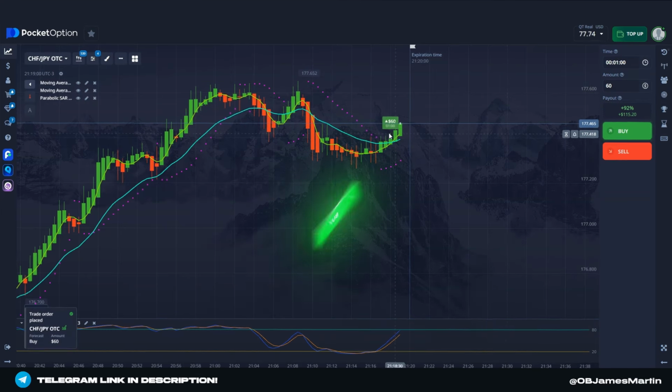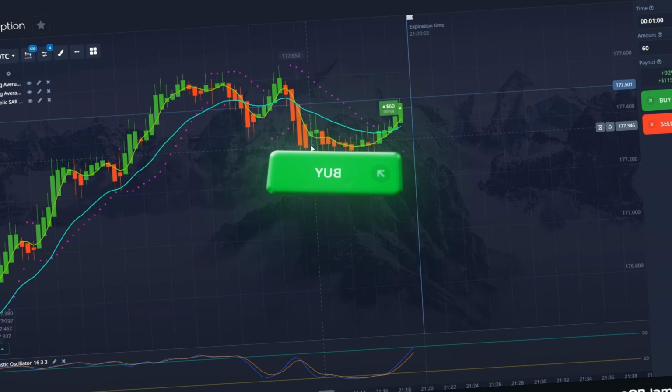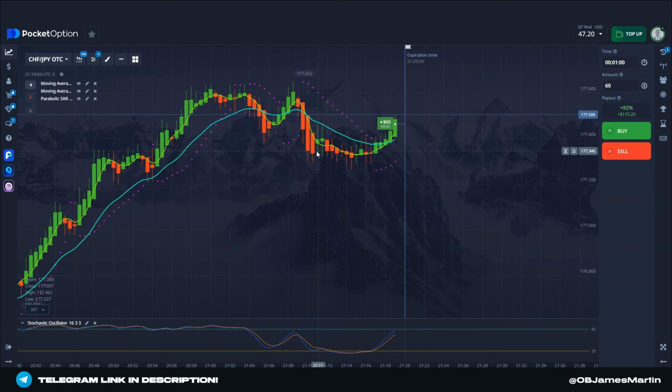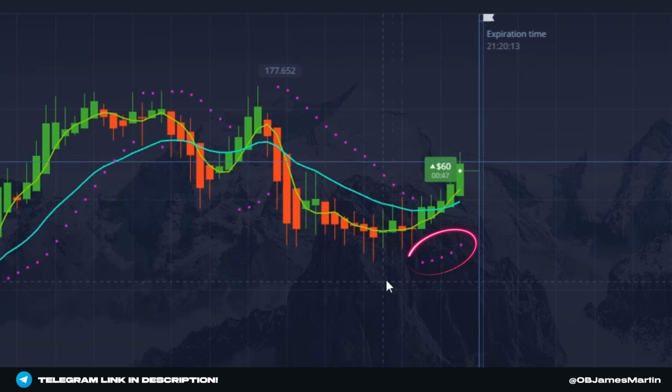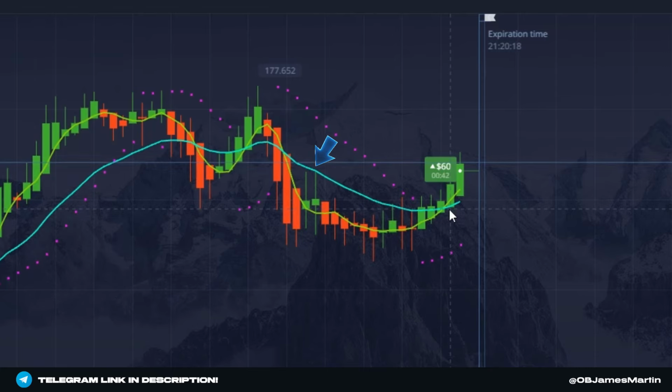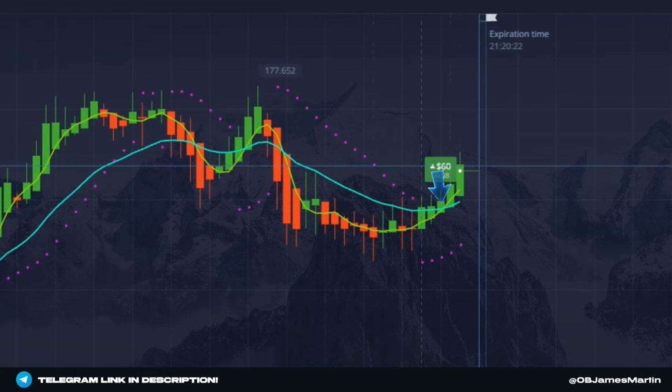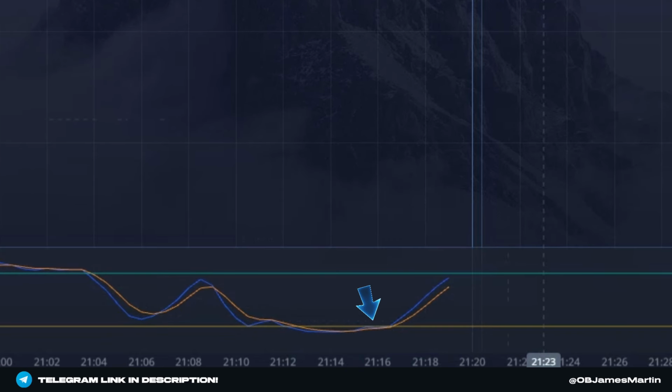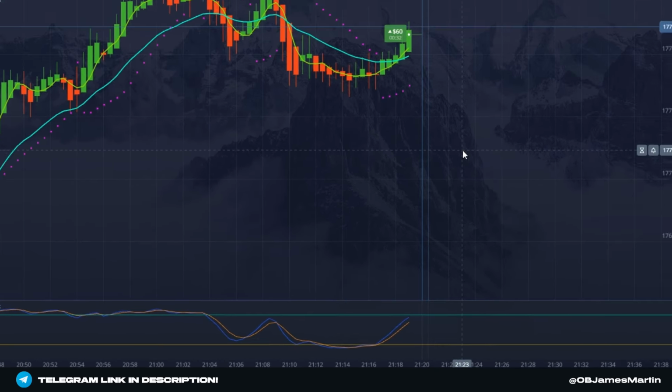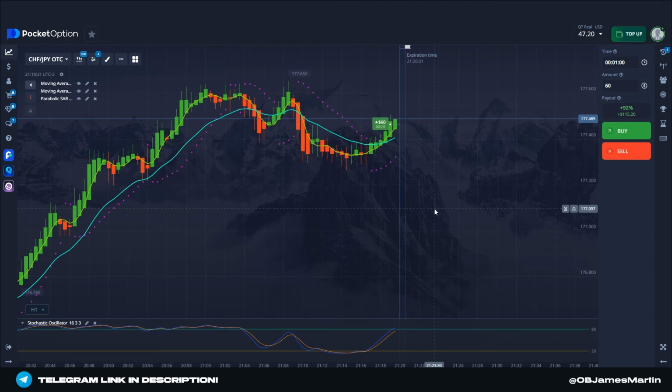So guys, right here we're still looking for a very good opportunity, again a buy trade. As you can see, we just performed an entry. The reason I'm taking this trade is the consistency of the candlesticks, as I said previously, the Parabolic SAR, the 2 moving averages intersecting again, and the Stochastic Oscillator, which is coming from oversold conditions and going in an upside direction.